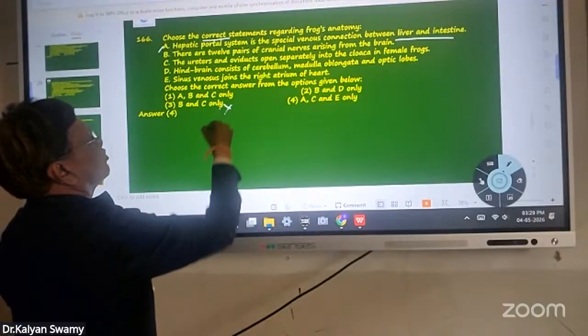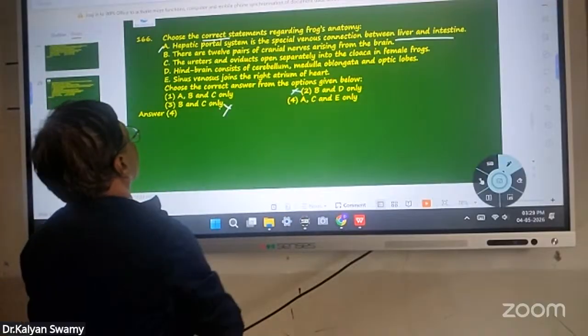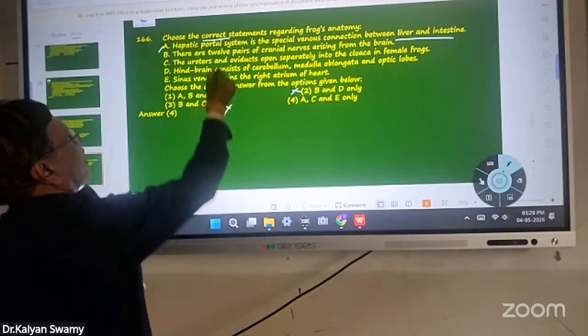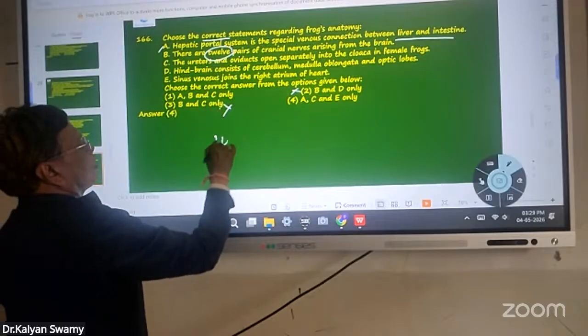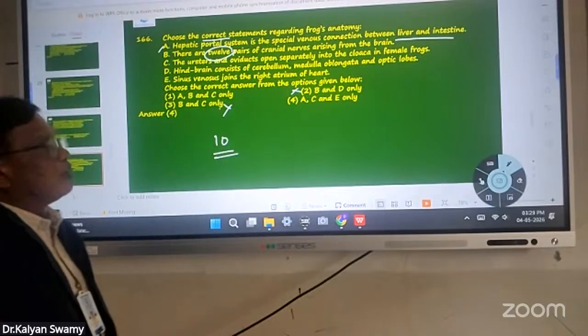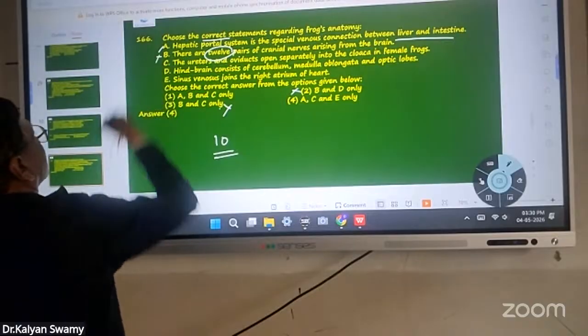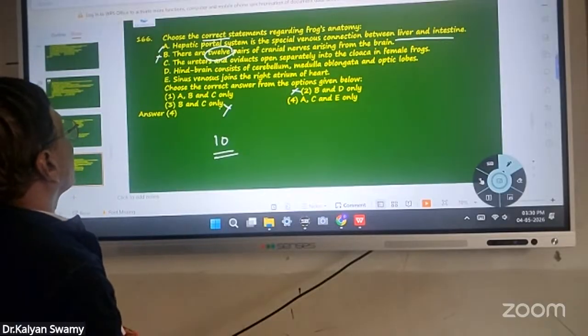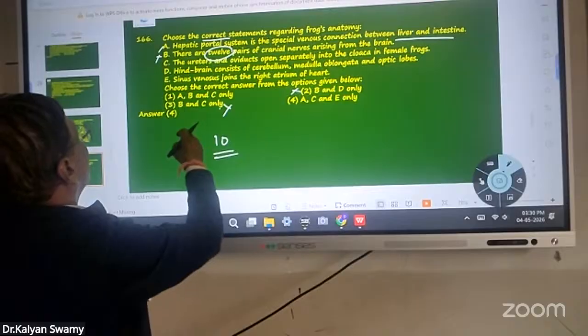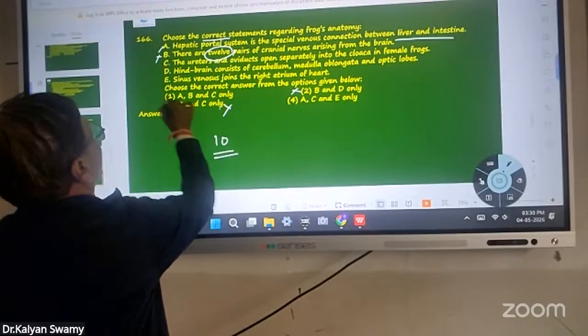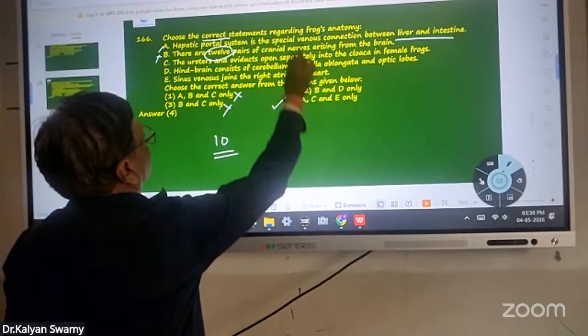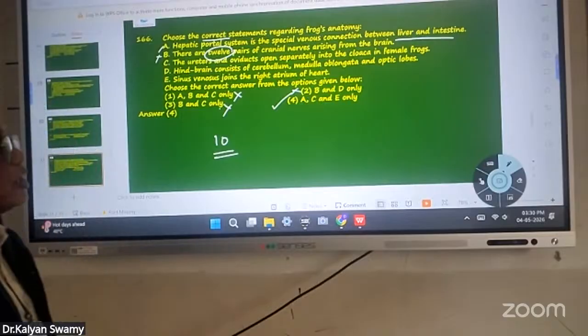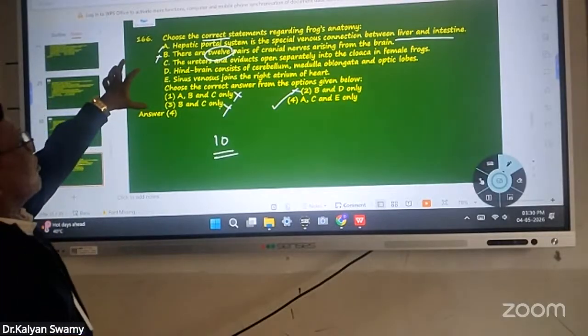Then we can strike off this, we can strike off second and third. There are 12 pairs, wrong. Only 10 pairs are present in the previous, B also wrong. Then A, B, these we can strike off. Remaining with the fourth option. Lot of time saving here.